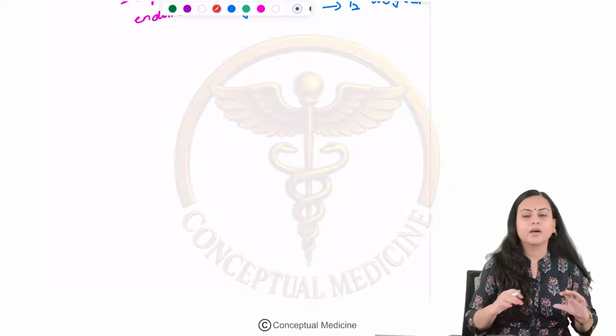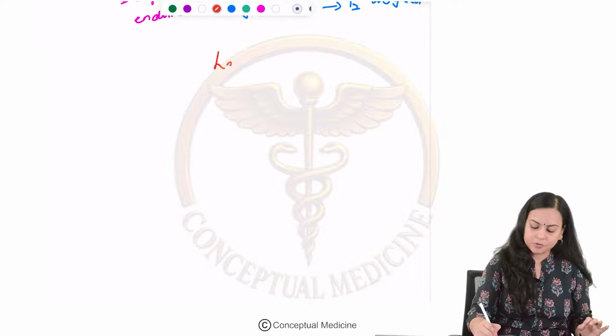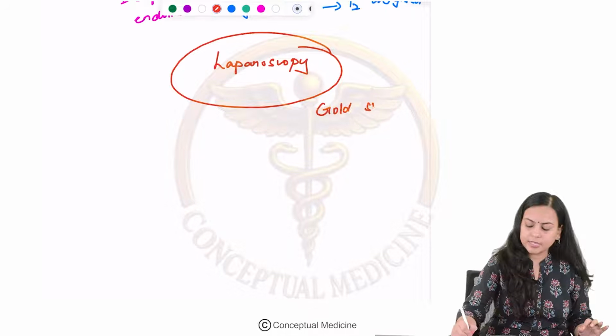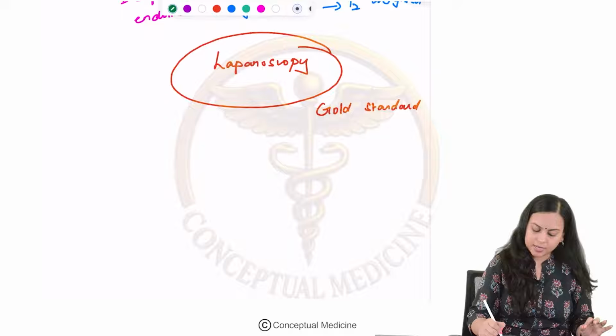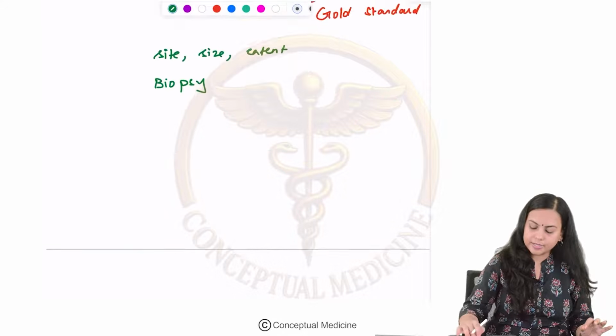Right. Now, apart from these investigations, laparoscopy is considered the gold standard investigation for endometriosis, because with this you can assess the site, size and extent of the lesions. You can do a biopsy as well if you need.